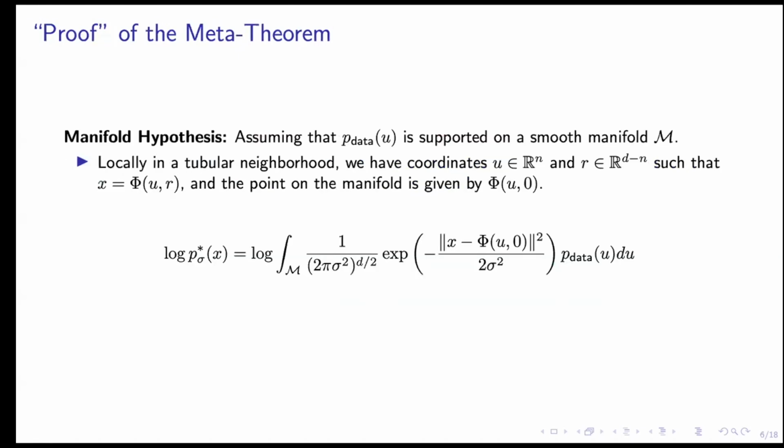So how do we show this? We consider the manifold hypothesis, and let's consider what the log P density looks like; the gradient of it is just the score function, right? This log density is basically the log of the P data distribution on the manifold, where u is a parameterization, the tangential coordinates of the manifold, convolved with the Gaussian distribution on the ambient space.